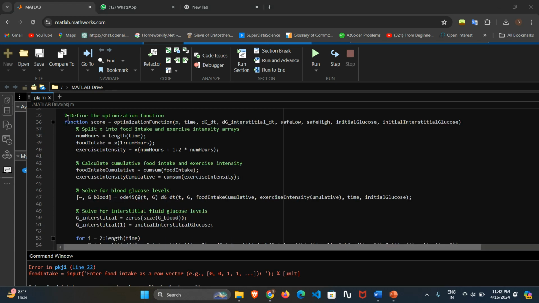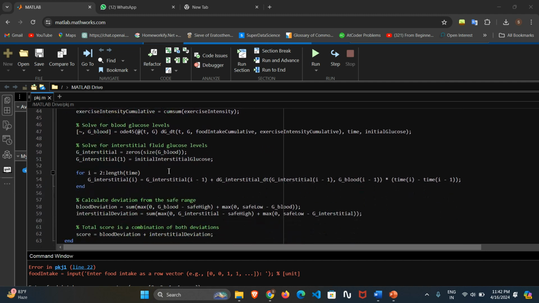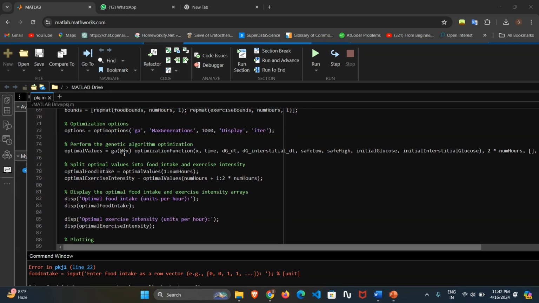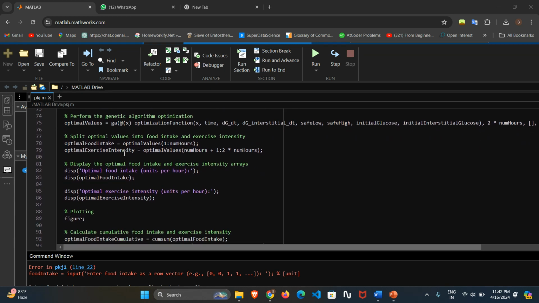Now for the optimization purpose, we have defined the optimization function here. This function is score. After that, we have set the bounds of the optimization: the food bound should be 0 to 100 and the exercise bound should be 0 to 3. We have used a genetic algorithm, GA, for the optimization here.